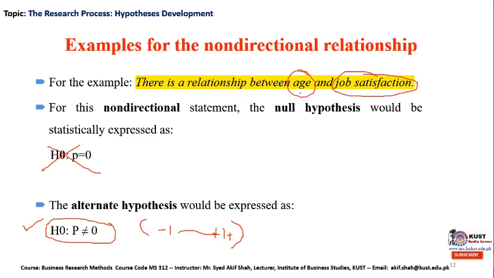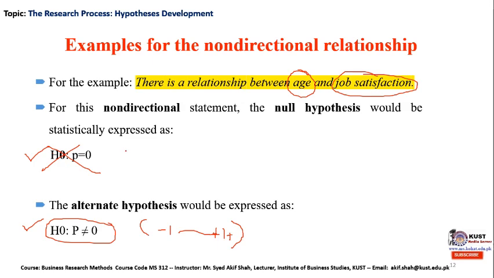Now, either the relationship between these two factors is positive or negative. It will all depend upon your final statistical results, which can be formulated after the collection of data with the help of primary and secondary techniques, and after designing your research model in the next step, and then later applying the statistical tools to find out whether this statement, which was hypothesized as the null statement, is accepted or rejected.